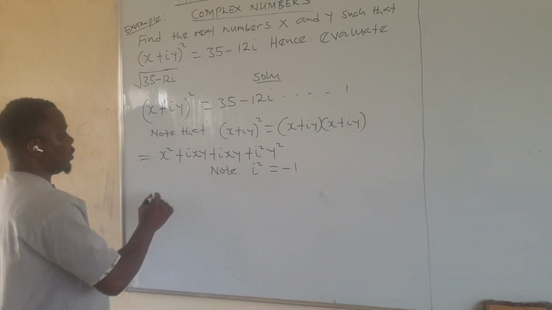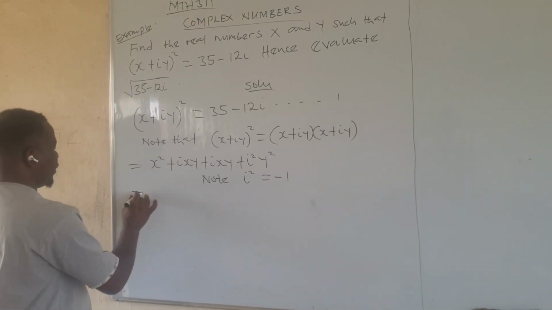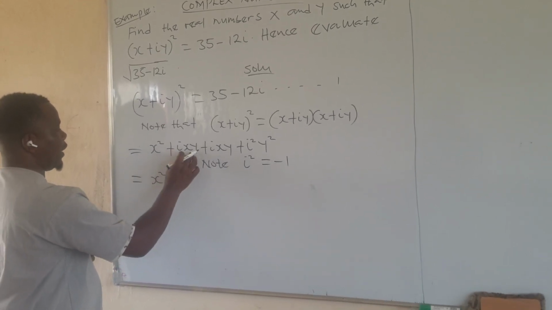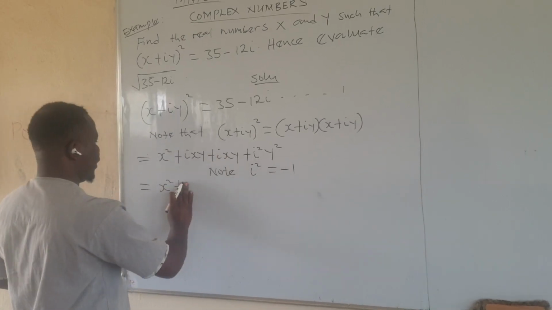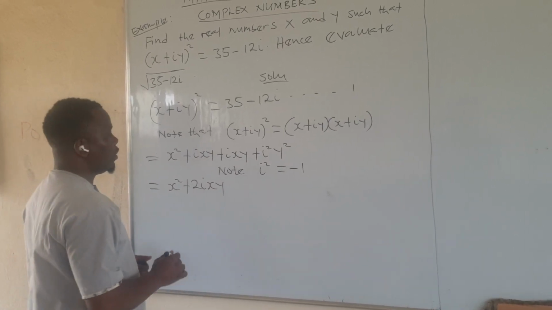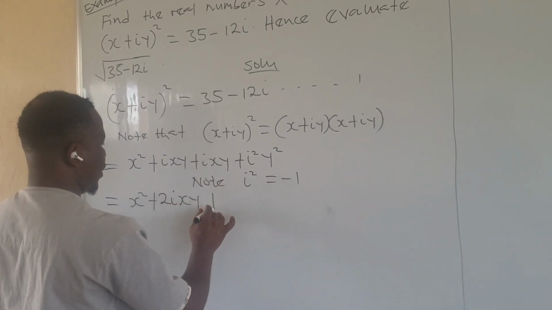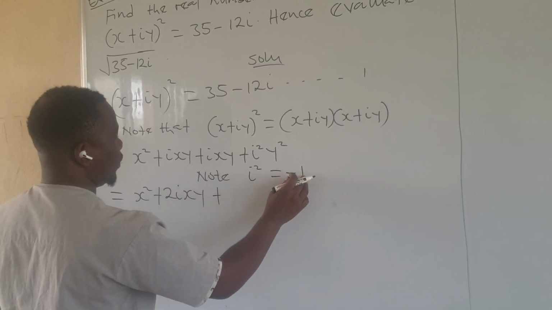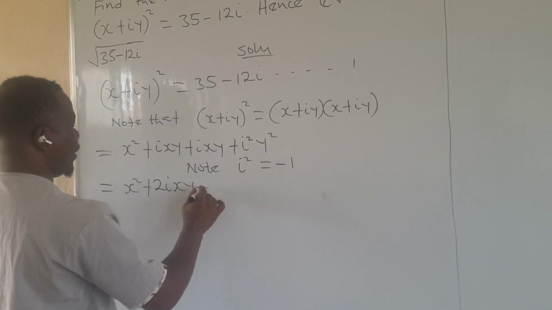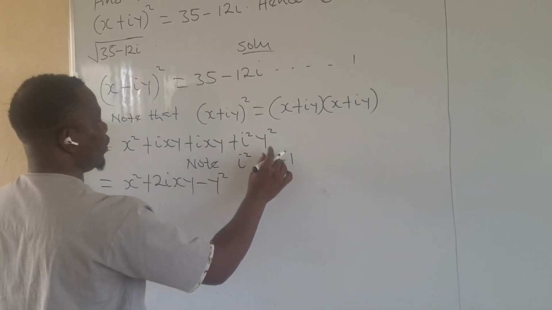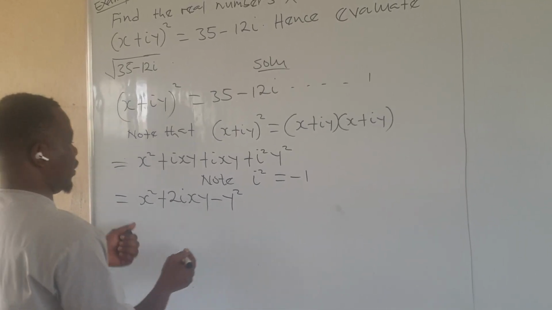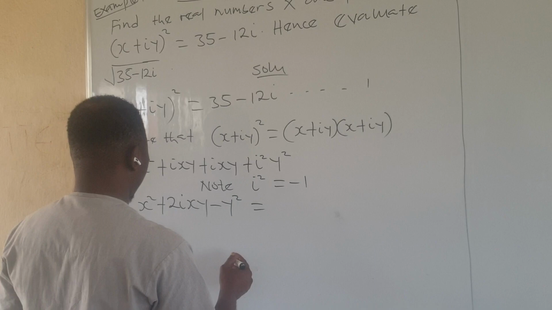So this is equal to x squared plus ixy plus ixy, which gives 2ixy. Then our i squared is minus 1, so minus 1 times y squared will give us minus y squared. So we connect like terms.